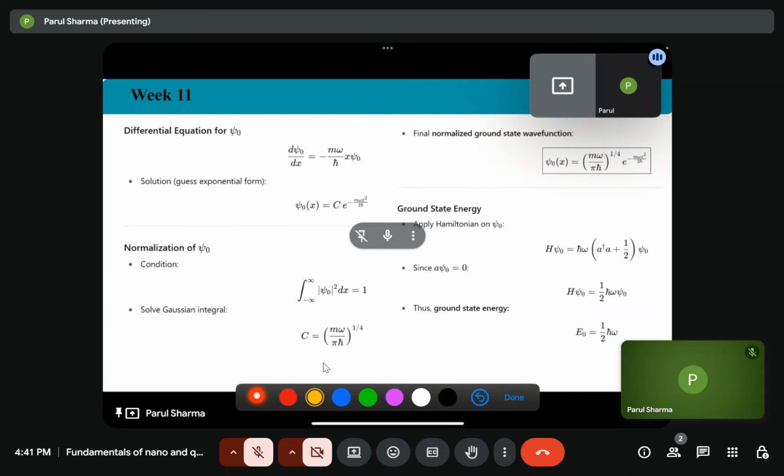So we got this, and when we do this we get the value of C is equal to (m omega by pi h cross) to the power 1 by 2.